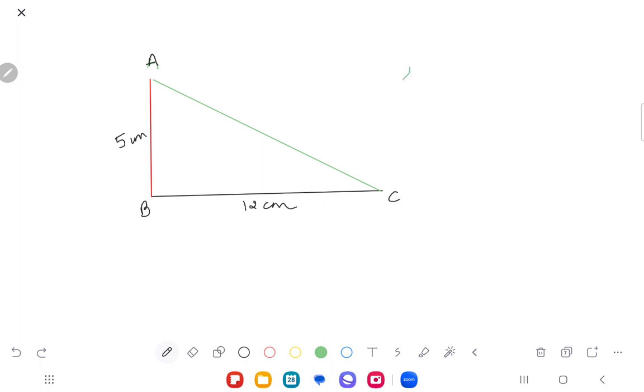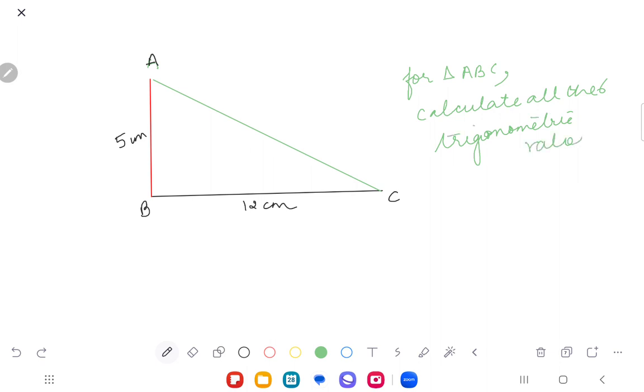And the question says for triangle ABC, calculate all the six trigonometric ratios. Okay, that's your question.